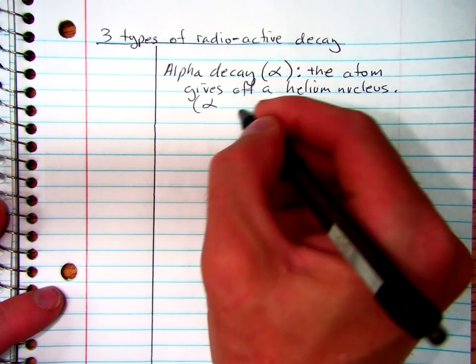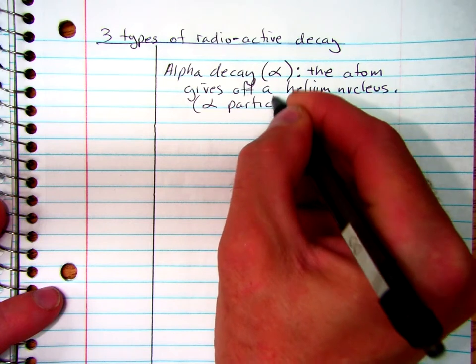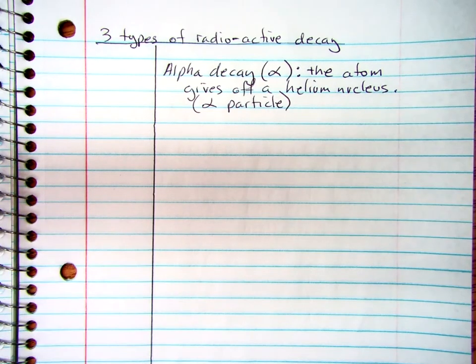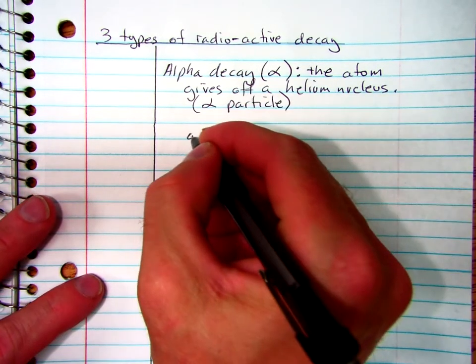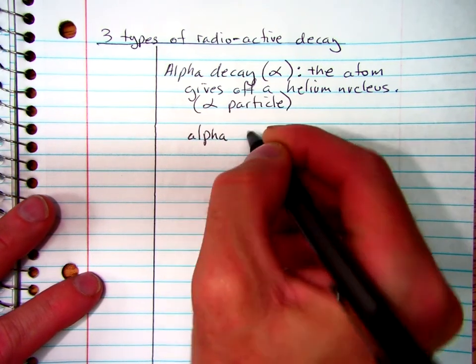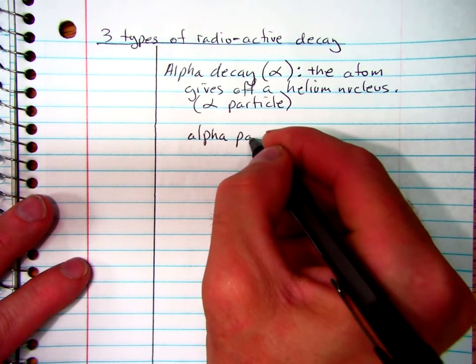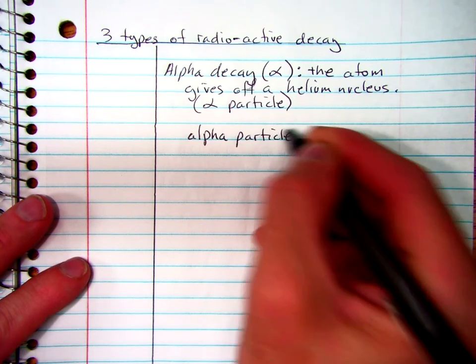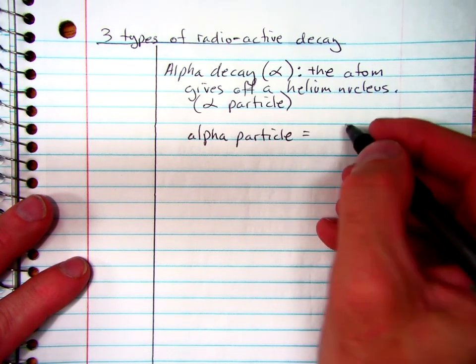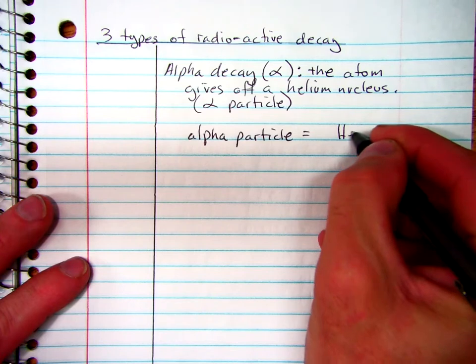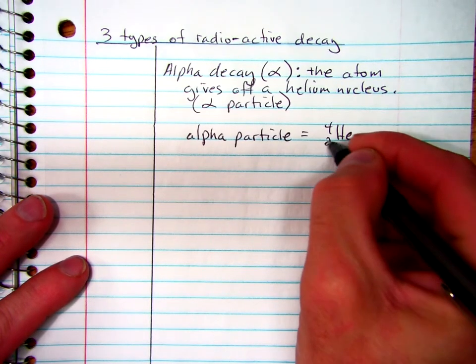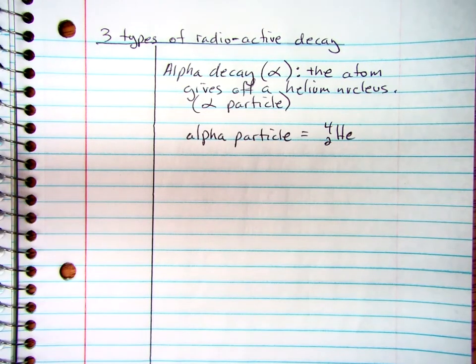That's an alpha particle. So an alpha particle is equal to a helium nucleus. And this is the symbol for a helium nucleus in the atomic notation.